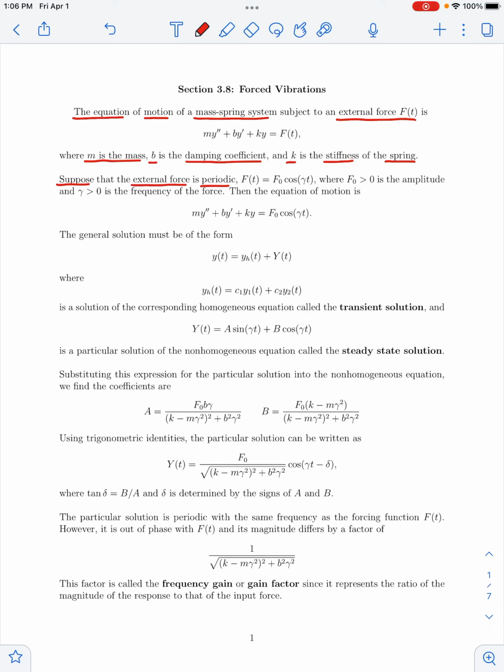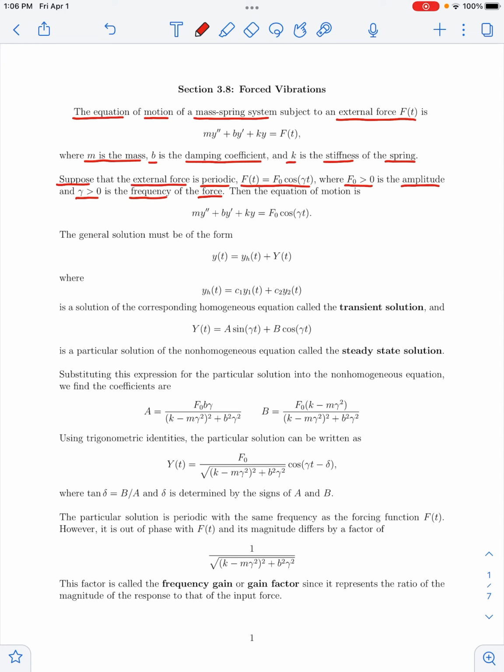So let's say it can be expressed as F(t) = F0 cos(γt), where F0 is some positive constant, which is the amplitude of our force, and γ is some positive constant, which would be the frequency of the force. So in this case, our equation of motion would have the form my'' + by' + ky = F0 cos(γt).